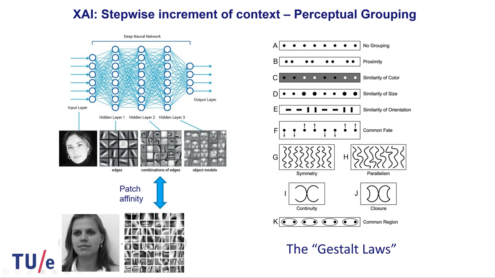It's called Gestalt. And the Gestalt laws have long searched for why we have grouping. Well, it turns out that the distance is important, the similarity in color is important, similarity in size. So the more properties I have, the better I can combine them into groups.